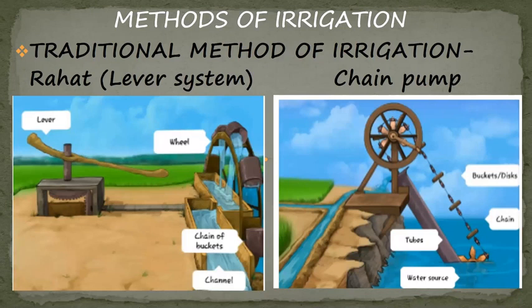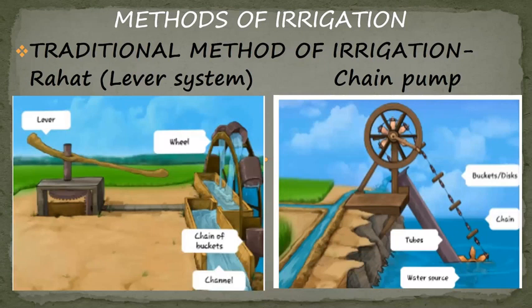The wheel rotates, which pulls out water and distributes it to the field. Another method is the chain pump. It consists of a pump having endless chains running over a drum or wheel by which it is moved and water is raised.